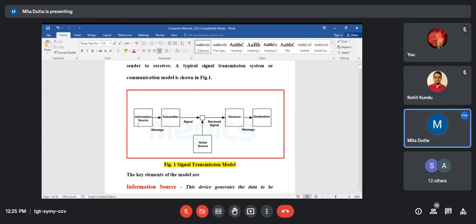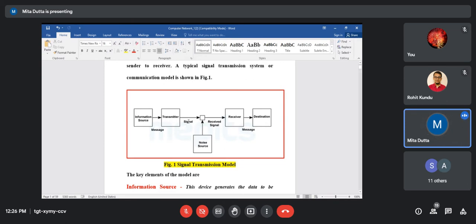Now, again, baseband signal transmission and broadband signal transmission are both analog and digital. Analog baseband transmission is where we send the signal produced by the information source itself.